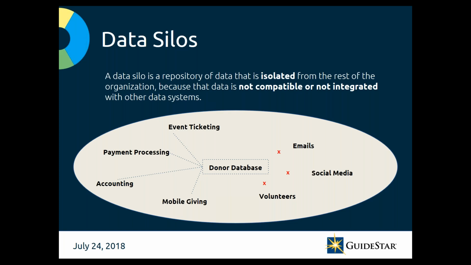And a lot of this could be either technical or company culture, nonprofit company culture. Good examples of this are that, for instance, the accounting department does not want to have the donor database connected to the accounting system. We don't want to have it. We don't trust it. So that's a conversation. A lot of this stuff ultimately is a people problem.